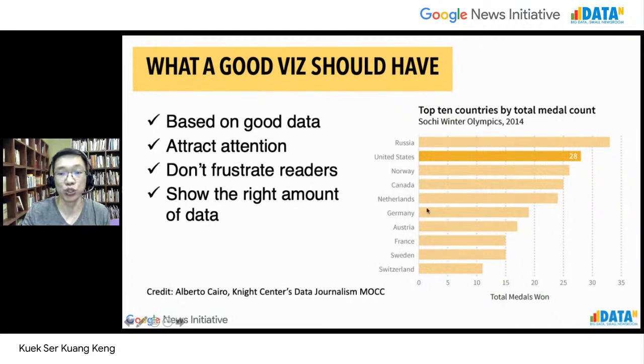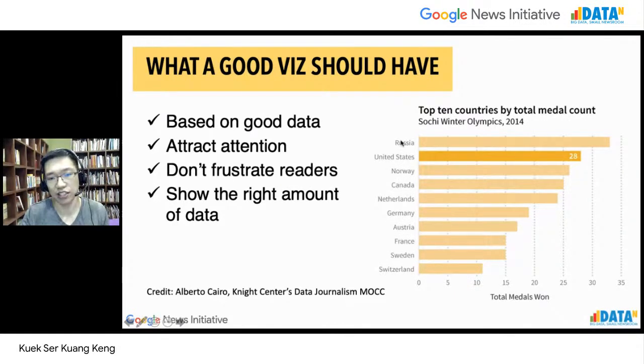And you look at the use of colors, it's actually very smart. Instead of using a different color for each country, they decided to use the same color for all the countries, but they use a darker color to highlight the bar of the United States. Why? Because the audience that they are trying to target are Americans. So Americans care most about the status of their country in the Olympics.